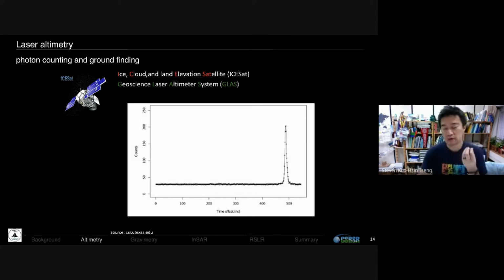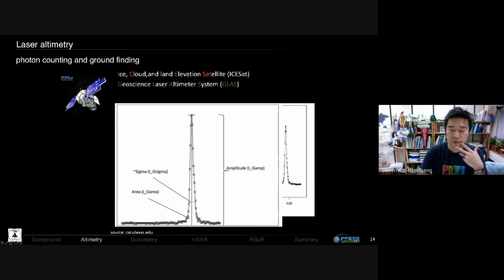We pick the highest or the most dense timing. When do these photons return? Then we call that the most probable time delay. Then we can convert that into distance. So we can analyze the so-called full waveform LiDAR waveform.